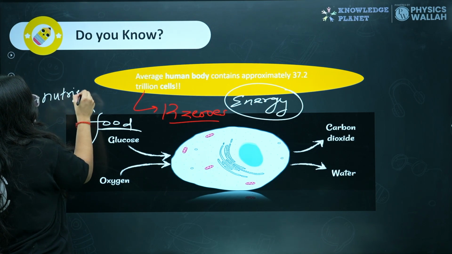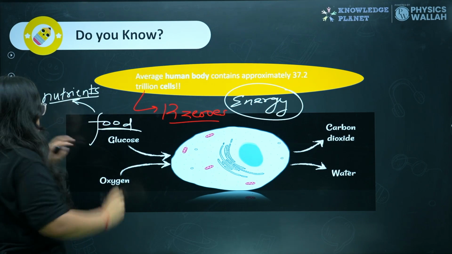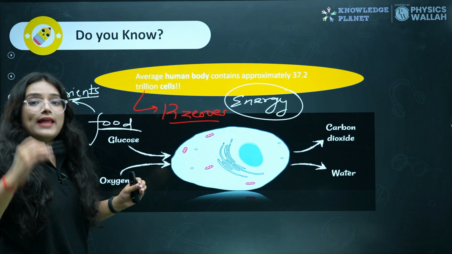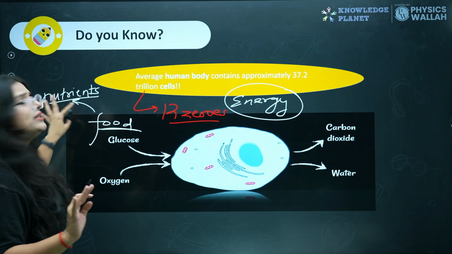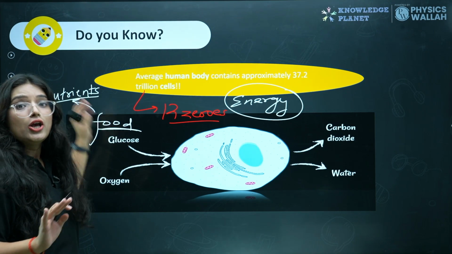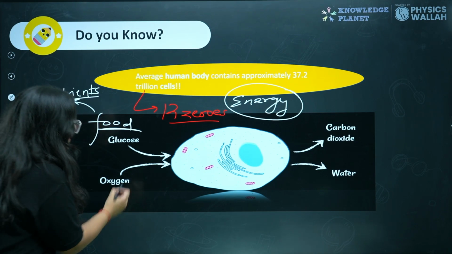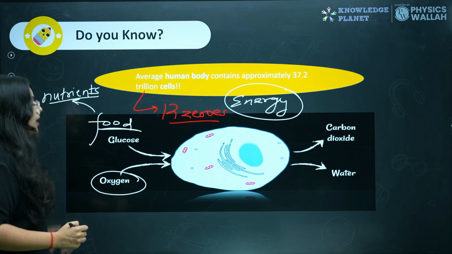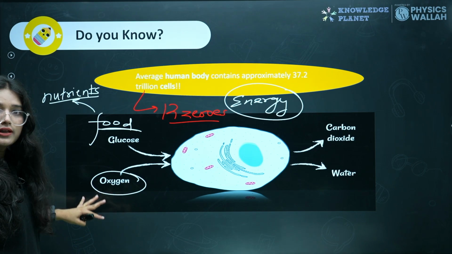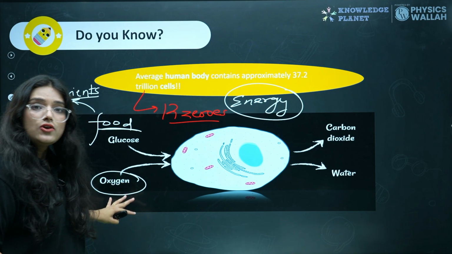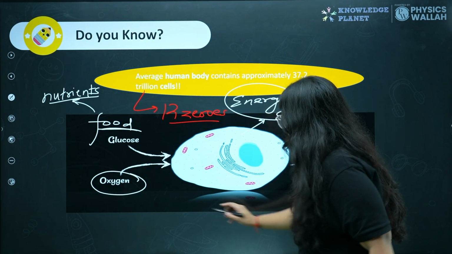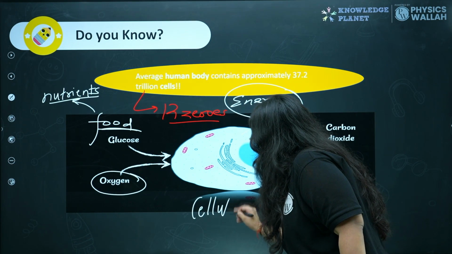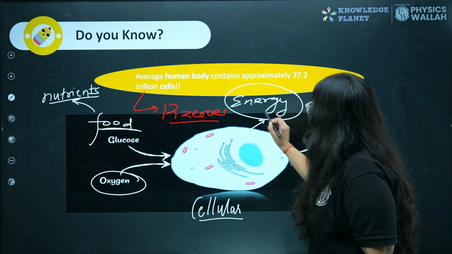Nutrients are essential substances present in the food that we eat that will help us to make energy. But these nutrients are also not enough, right? So then, what do we need? We need oxygen. So we need food and oxygen. This food in the presence of oxygen will be broken down to form energy through the cellular processes. So here we get our energy.